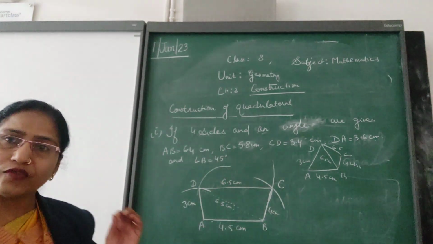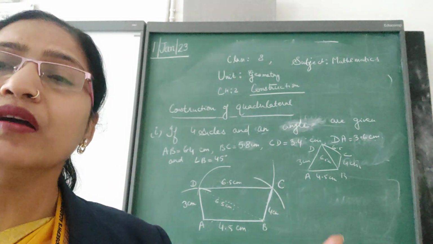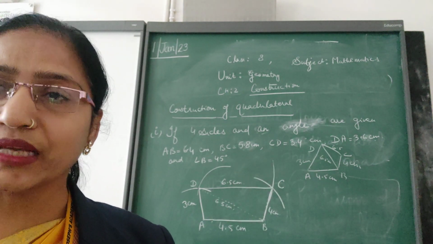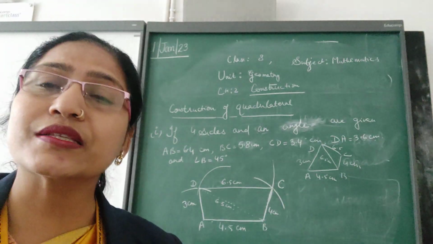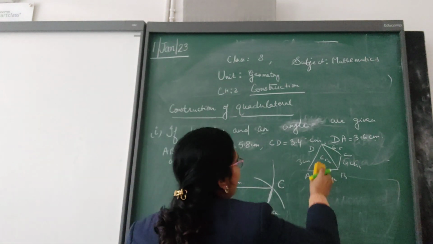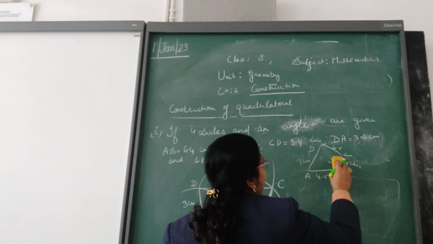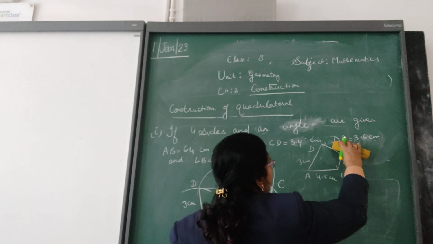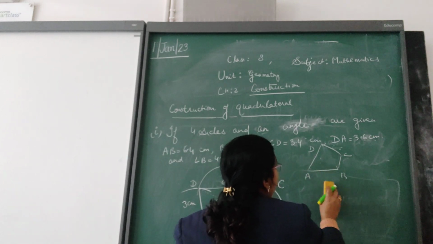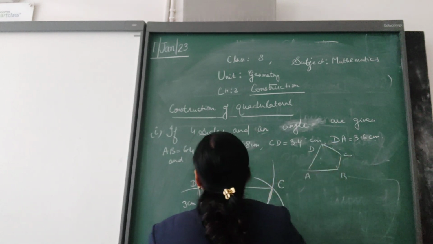What did I say? First of all, make the rough sketch diagram. That's why you can easily understand what you have to do in the construction. So, you have drawn this quadrilateral ABCD, and now mark the length of this.